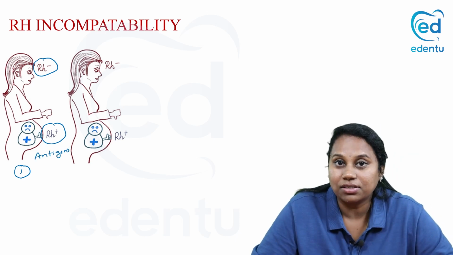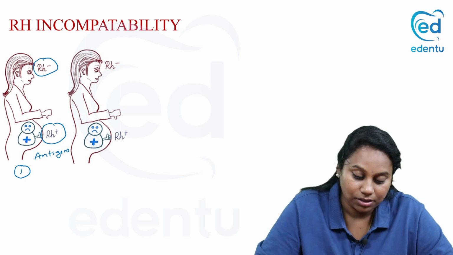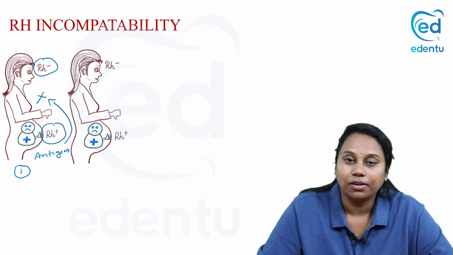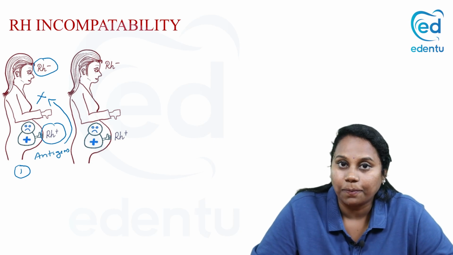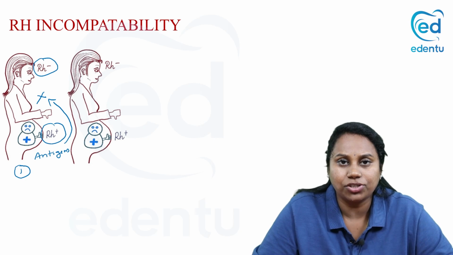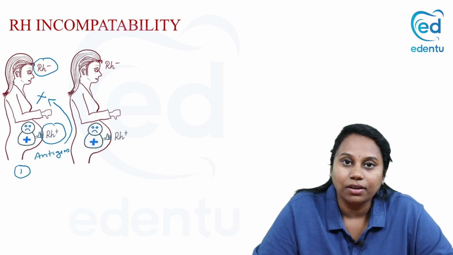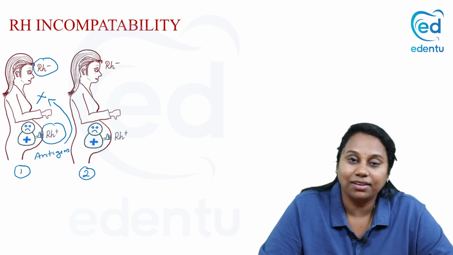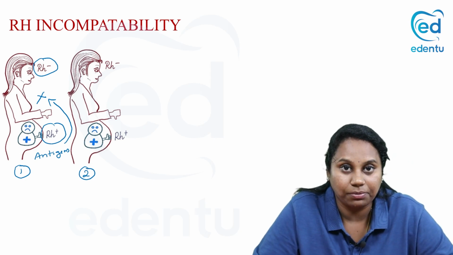But these antigens do not cross the placenta. So they cannot go into the mother. At the time of delivery, the baby has no effects. It's just born normally. But if the mother conceives for the second time, there is a problem for the second baby.